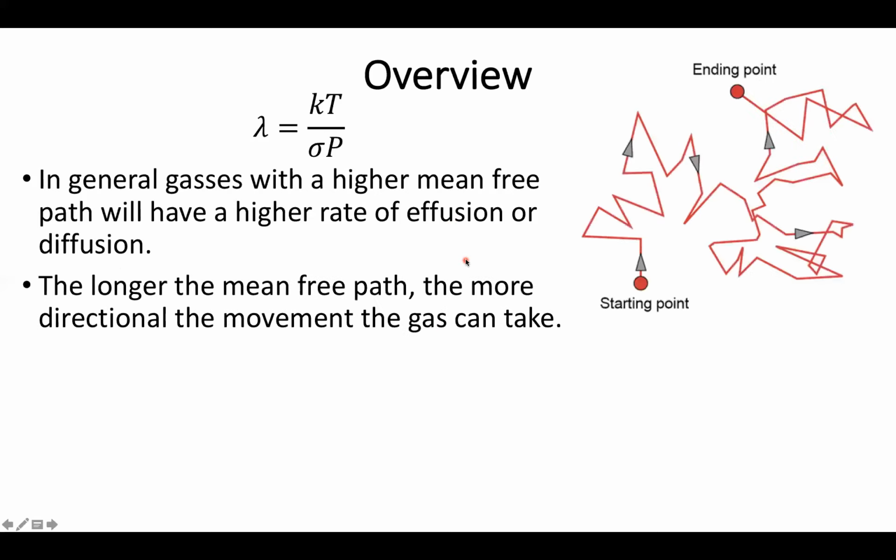A way to think about this is that the longer my mean free path is, the longer I can travel in a straight line before I hit a collision, bounce off in a different direction, and have another collision. What this does is help us build up a model of how molecules move through a matrix, and mean free path is a very important feature in this. The longer the mean free path, the more time between collisions, and a little bit more directional movement we end up having.